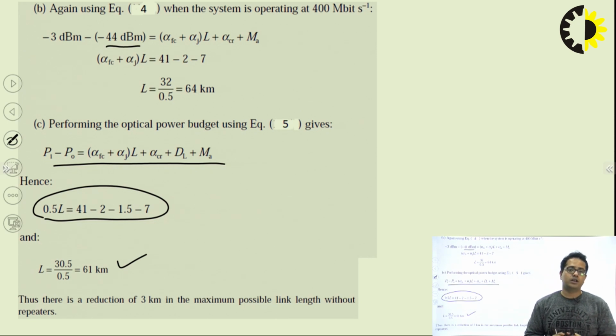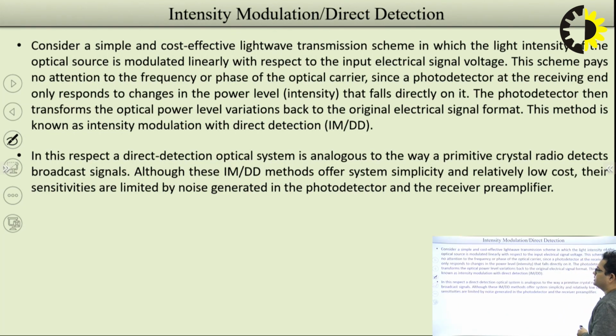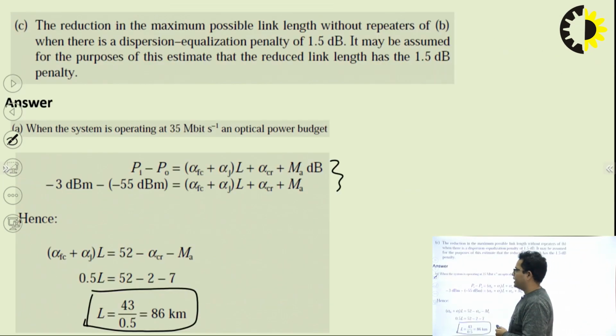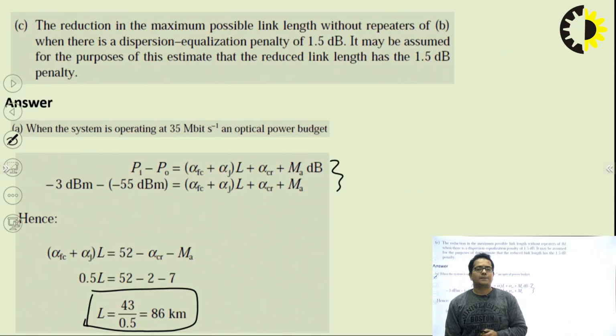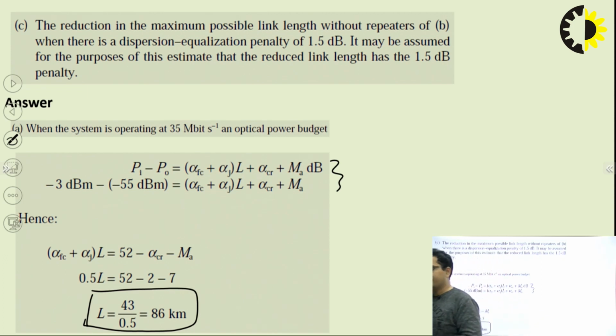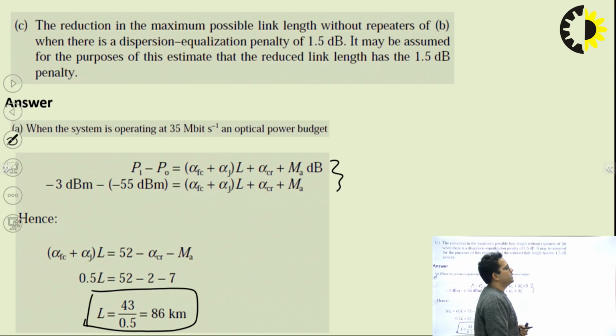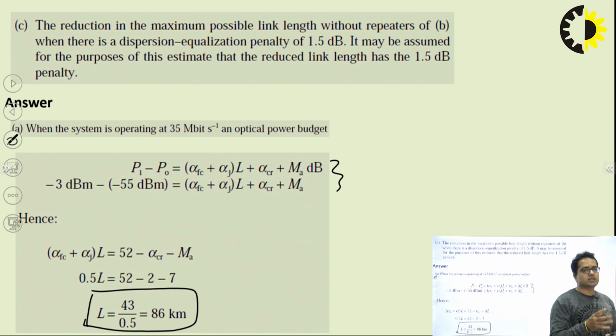Now the next thing is, once we have got the basic idea about all the types of losses happening inside optical fibers, related to joints, splicing losses, as well as coupling loss, we now have to visualize what is happening inside the system.